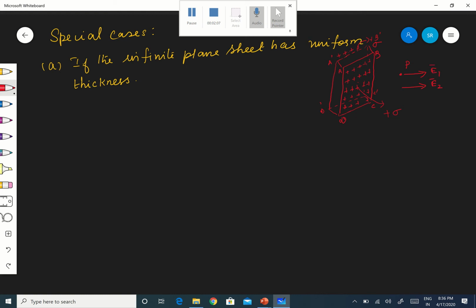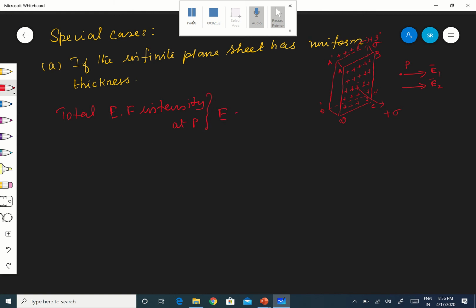Therefore what will be the net electric field at P due to ABCD and A dash, B dash, C dash, D dash? What is the total electric field intensity at P, in magnitude, and the direction is given by this.